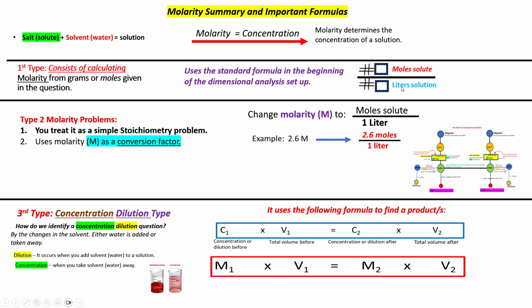Whenever you're doing type 1 questions for molarity, you would set it up just like you see it here in the dimensional analysis problem. The type 2 molarity consists of you treating it as a simple stoichiometry problem, because by using the path of stoichiometry, you can find your answer.